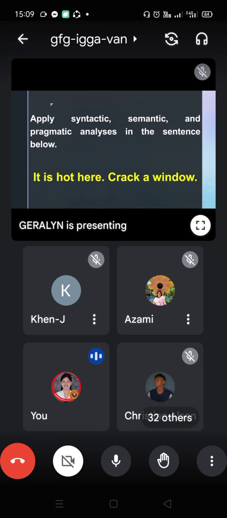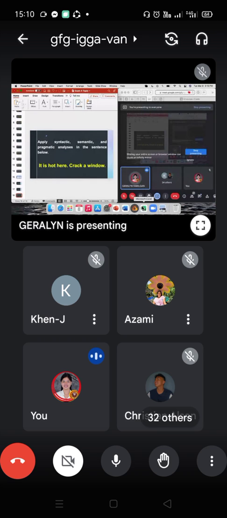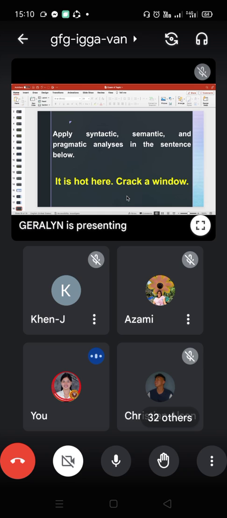So for syntactic analysis, ay sige, ako na lang ni himuon og ayon na lang. Kana na lang, two sentences. For syntactic analysis, duha. Ay, duha man ka sentence. Tapos, you will do syntactic with analysis ha. Parse 3 and parse 3. Parse 3.